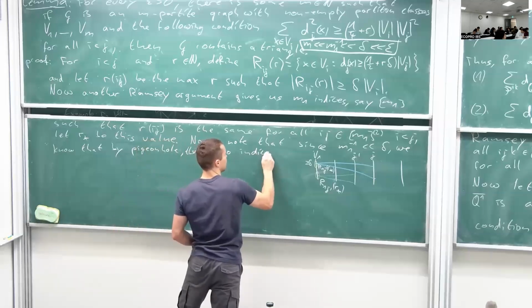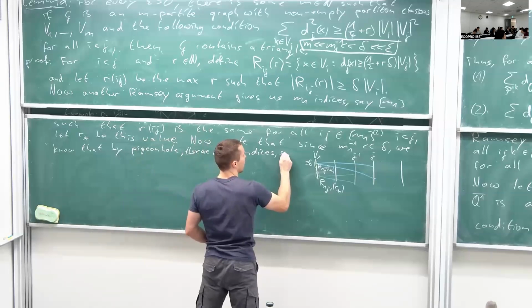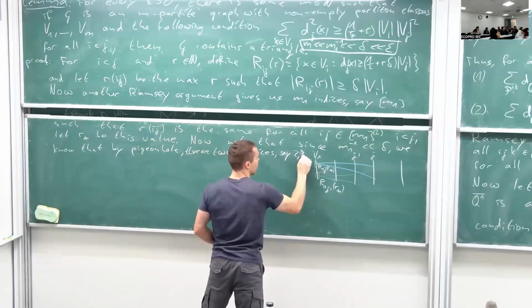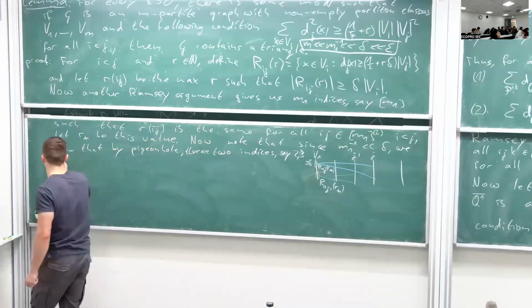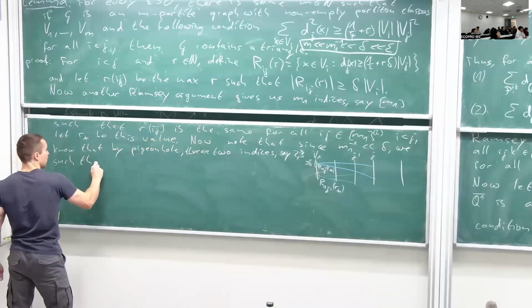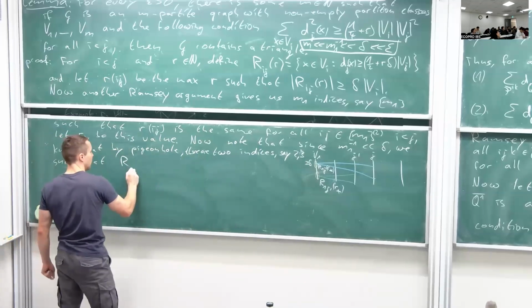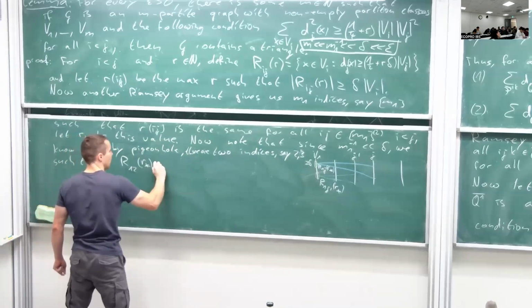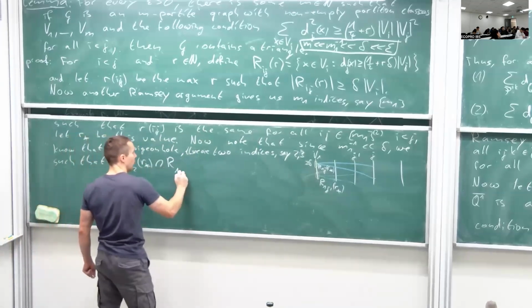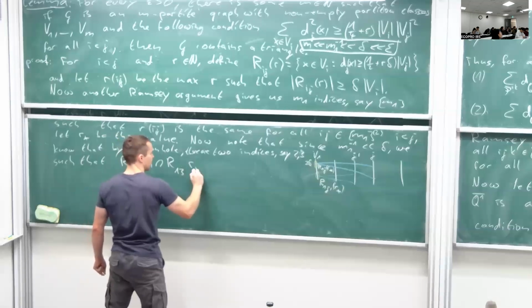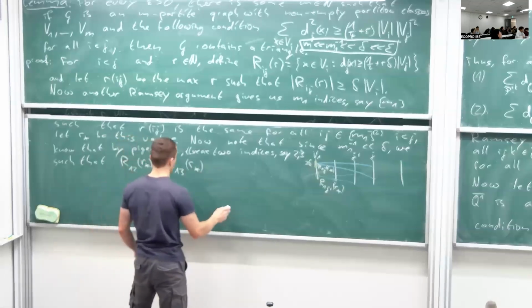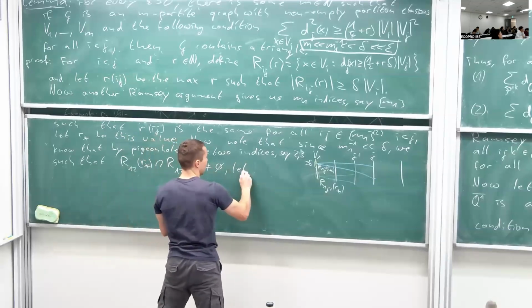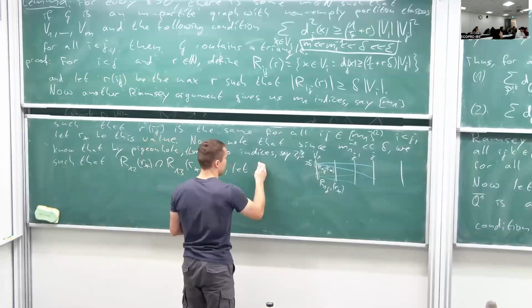Indices, say 2 and 3, such that R1,2 R star intersects R1,3 R star. And maybe we pick some vertex X in this intersection.